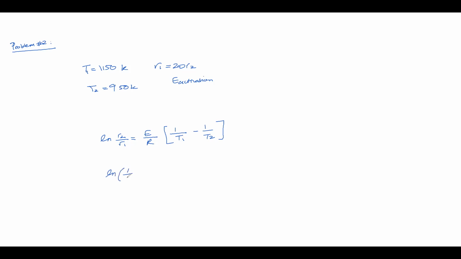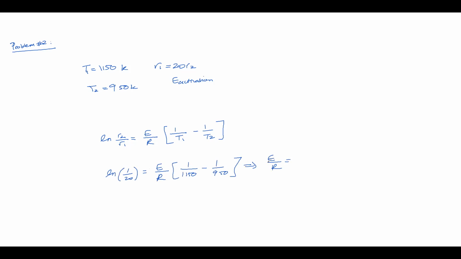So then 1 over 20 is equal to E over R, 1 over 150 minus 1 over 950. And from this case, I can get E over R to be equal to 1 divided by 150 minus 1 divided by 950.